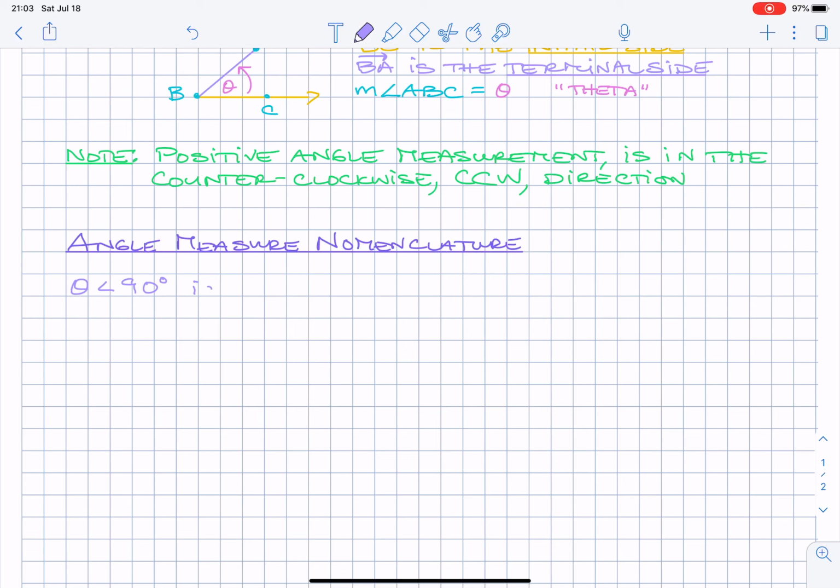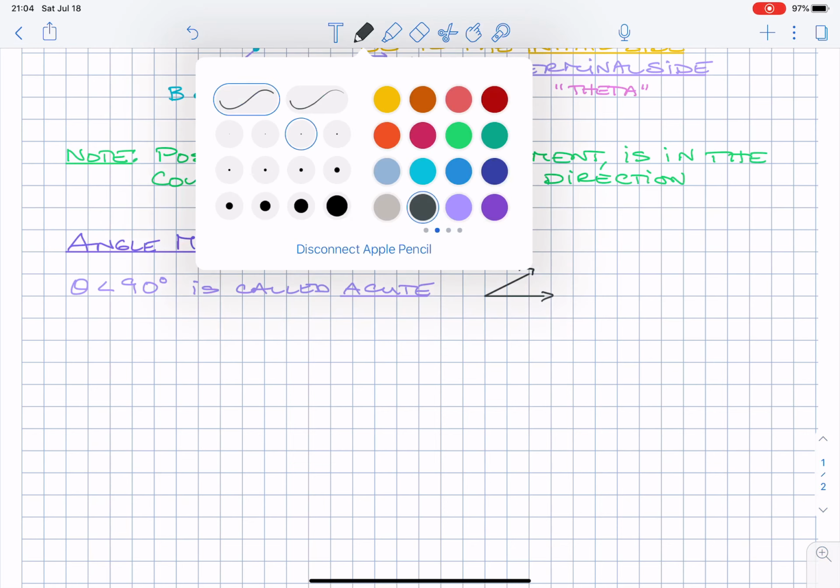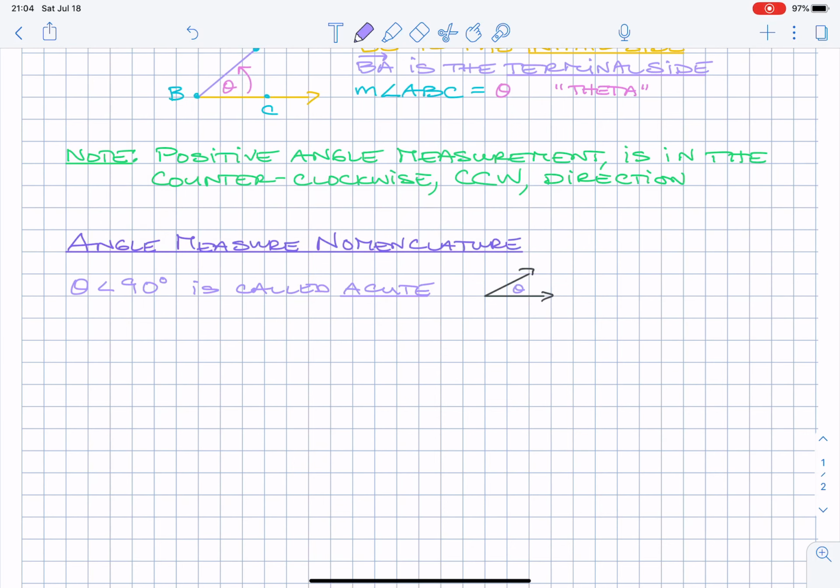This is called acute. If an angle is smaller than 90 degrees, you can think that it's cute because it's small, so acute. The angle would be less than 90 degrees, something like so. Here's our angle theta.